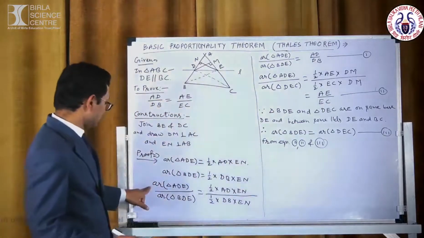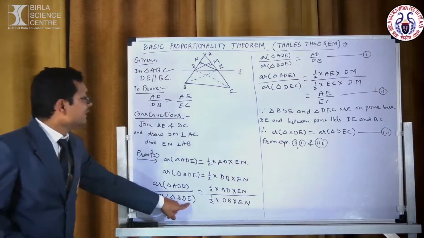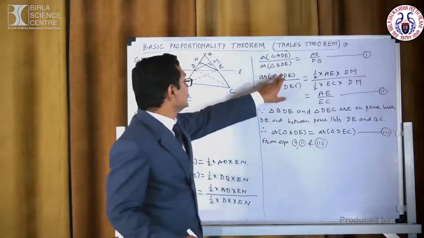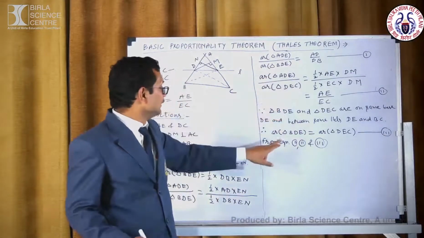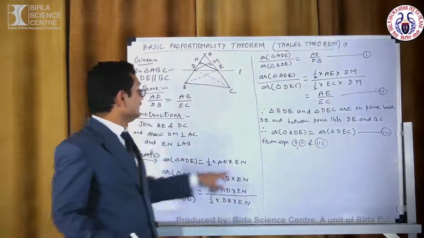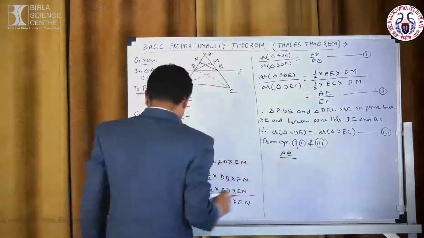We can show that area of triangle ADE upon area of triangle BDE is equal to area of triangle ADE upon area of triangle DEC, because area of triangle BDE and area of triangle DEC are the same.